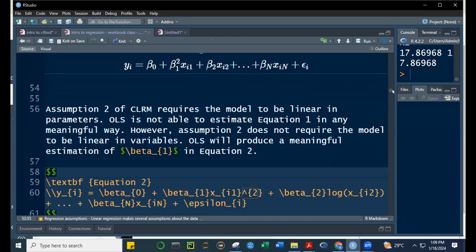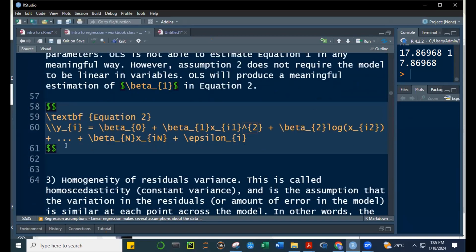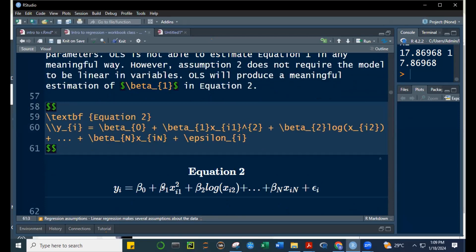So, pero class, pwede ito. If I run this, ito pwede ito. No? Take a look at this, class. Your y sub i is equal to beta null plus beta 1 times x squared, beta 2 times log of x, beta n times square root of 1 over x sub n.